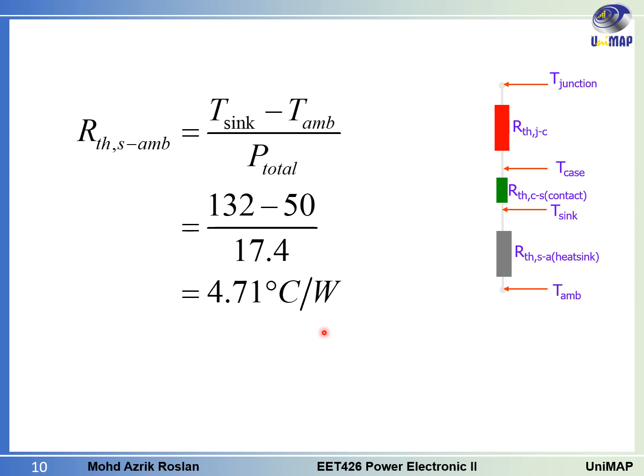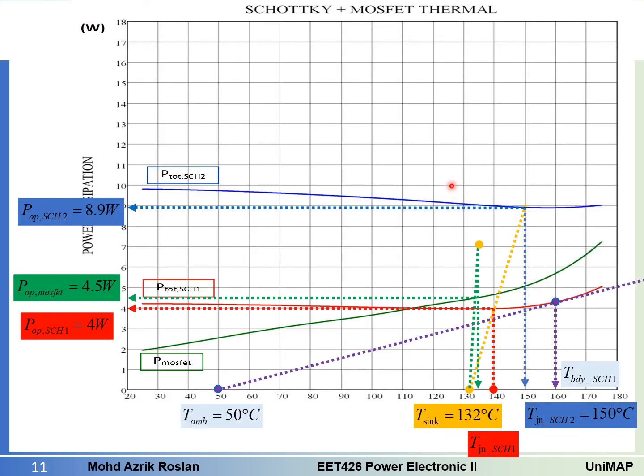So this is the thermal resistance for the heatsink. To cool these three devices, we have to use this value for the heatsink. If you want to see it graphically, in terms of the drawing, we have the total power of 17.4 watt.